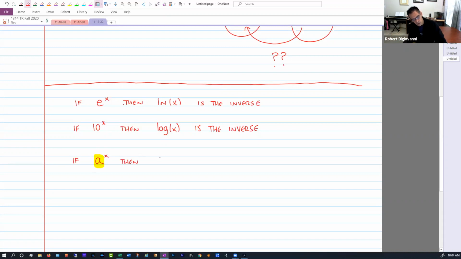Well, then the way we write this is log base a of x is the inverse. Okay, so this is new. This is brand new. I'm telling you this, okay? Log base a of x is the inverse. So for example, if we have 7 to the x, then log base 7 of x is the inverse.